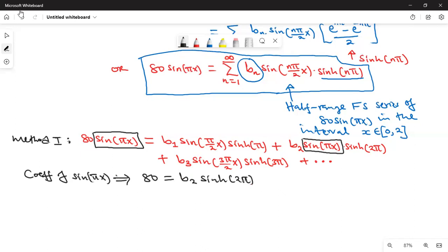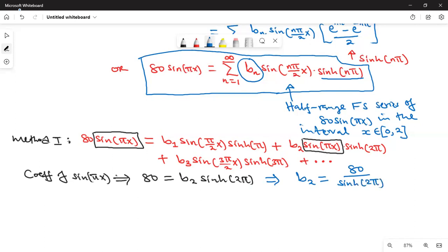So from here, I can make b2 the subject. So b2 is equal to 80 over hyperbolic sine of 2 pi.